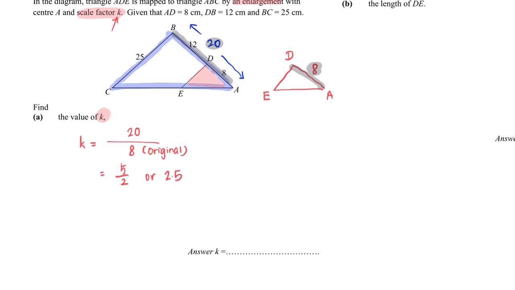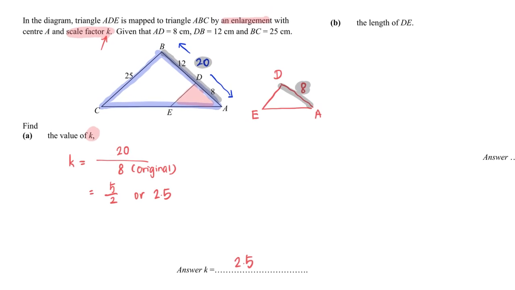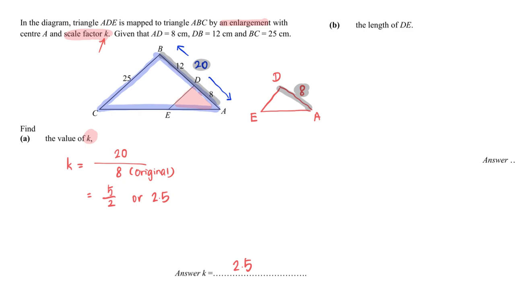Now once I know that, I will be able to find DE, because I know 25 is the enlarged version.